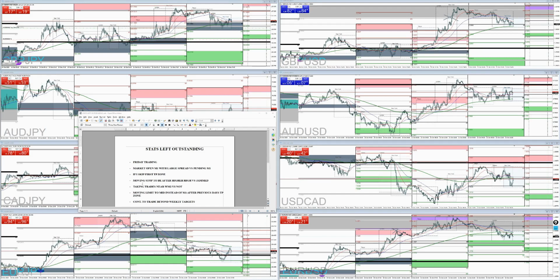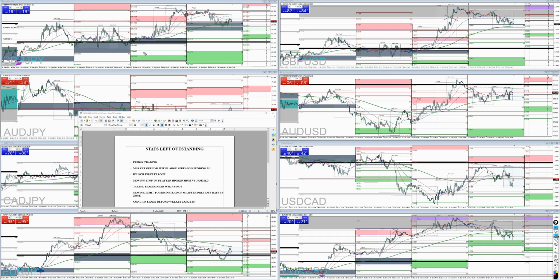The next item here is moving my stop to break even after a higher high versus just jamming my stop. So for a small loss, let's take a look at this here real quick. Let's say my entry is right in this zone right here.